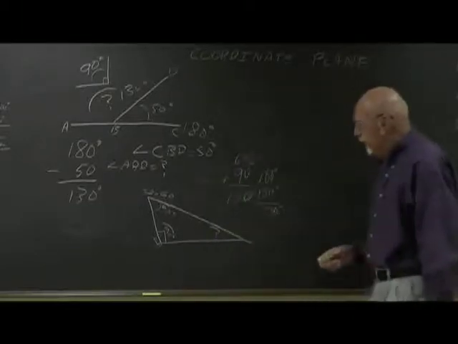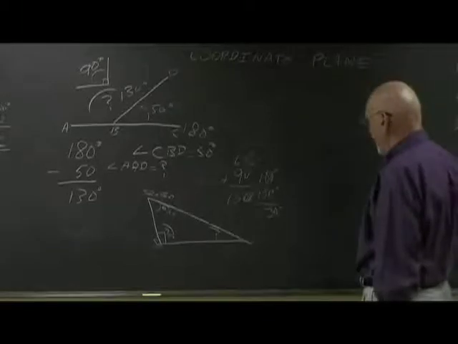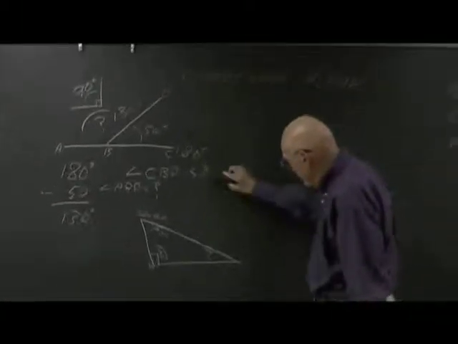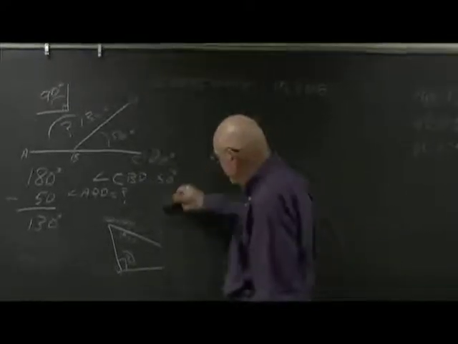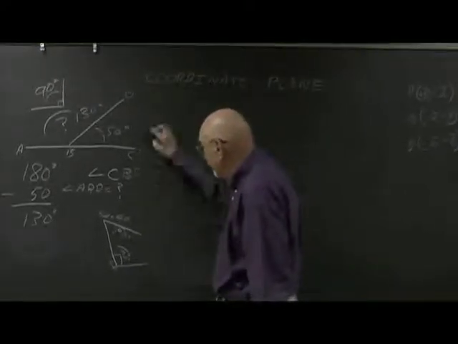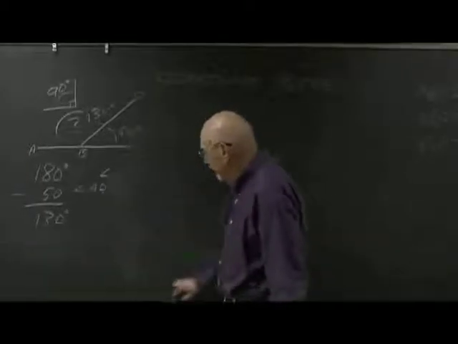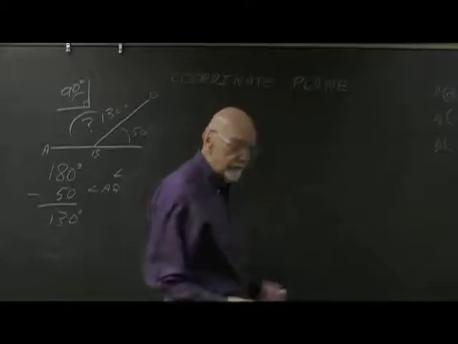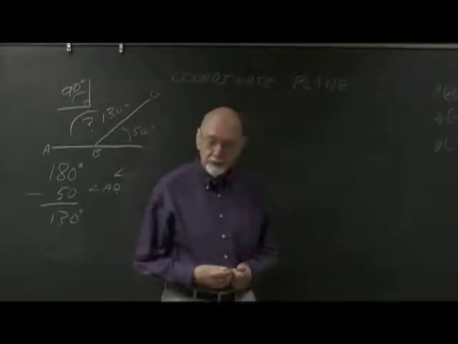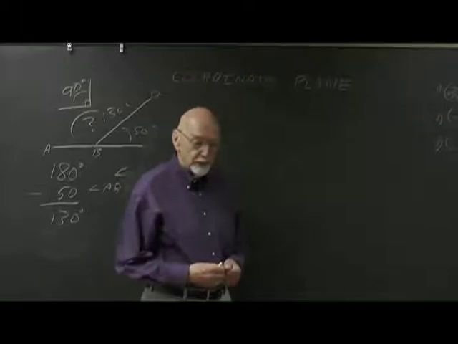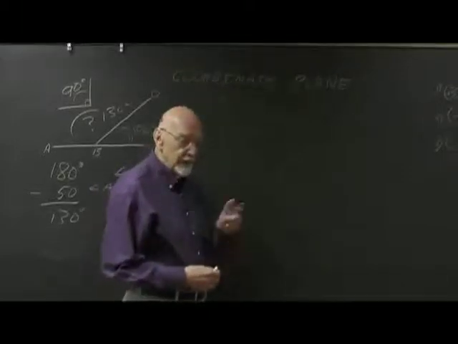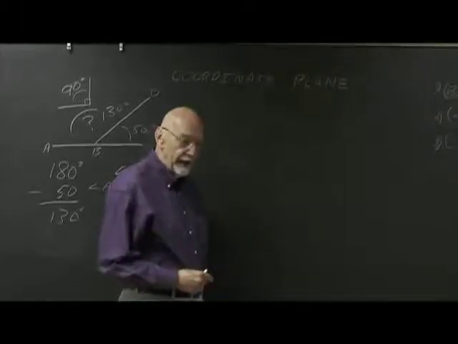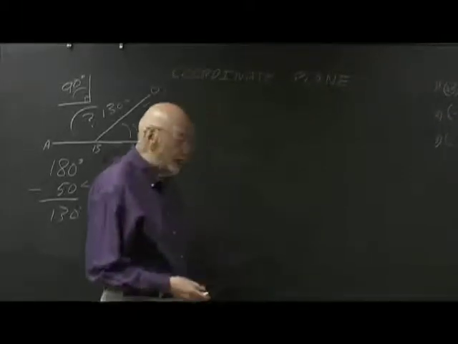A coordinate plane is a way to locate a dot on a coordinate plane by using an ordered pair of numbers. When you work with an ordered pair of numbers, there are two separated by a comma, two signed numbers.